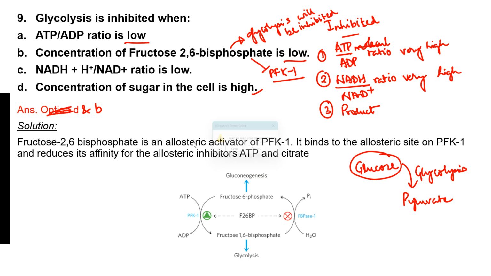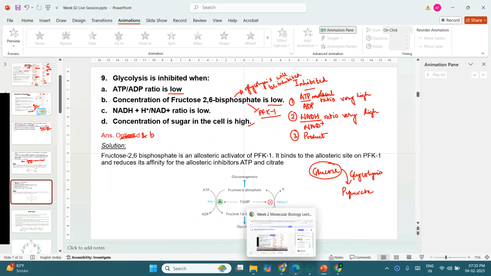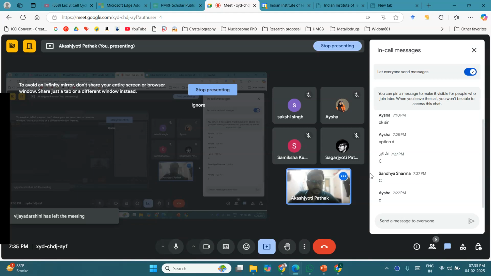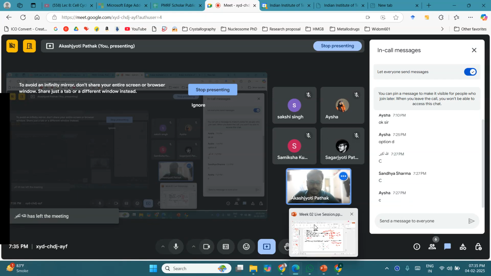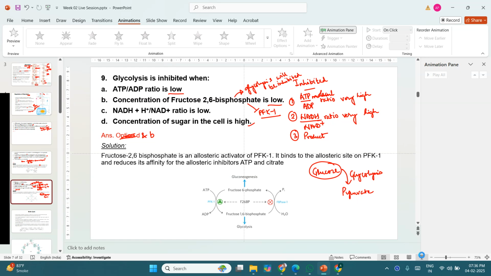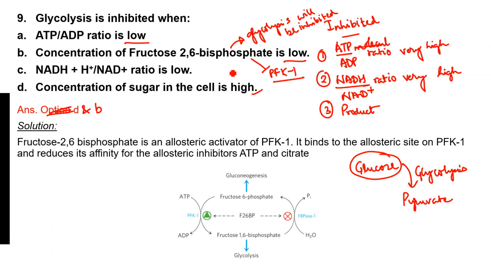So is it clear now? Is it clear? Okay. So remember that fructose 2,6 bisphosphate, here you can see in this figure, it allosterically activates the enzyme phosphofructokinase 1, and therefore the glycolysis pathway will move further.